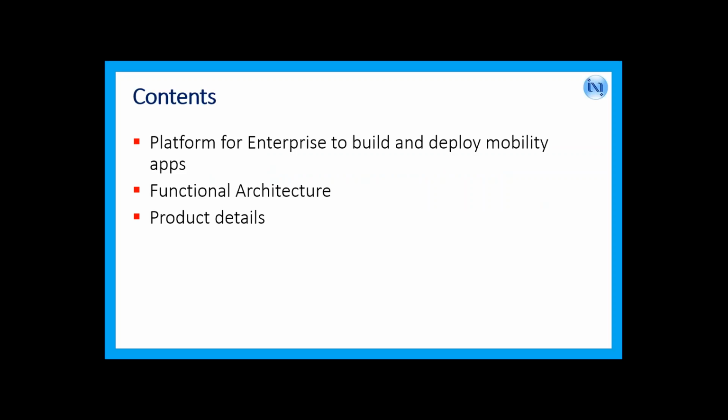We'll go through the functional architecture and the product details. I have videos for the products which I would run through, so that we can efficiently take a look. Post that, once there is a common understanding, we can discuss how it can apply across various domains.